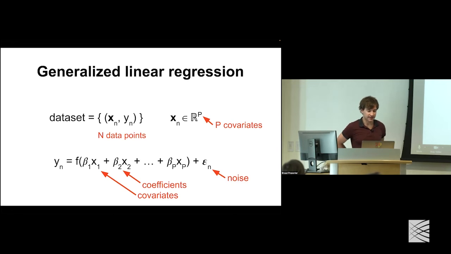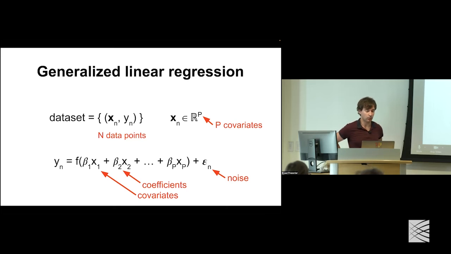Okay, so what is the context? The context is that of generalized linear regression. We have a data set with, let's say, n data points. We have covariates x. Each x is a p-dimensional vector in R to the p. We're doing generalized linear regression in the sense that we combine some linear combination of covariates x with coefficients beta. We send that through some link function f, and that allows us to predict the response variable y.